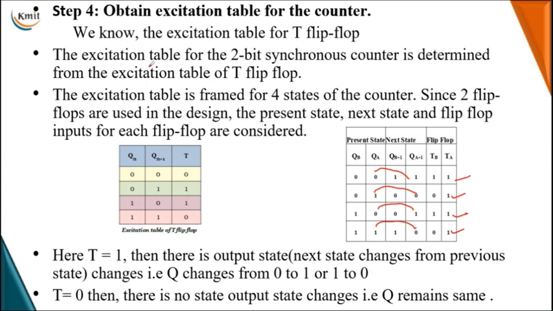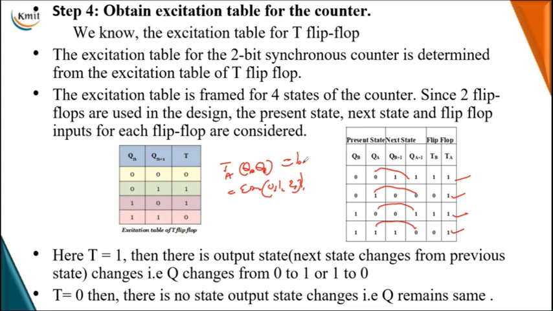Now let me write your standard SOP function in terms of the present state. TA as a function of QA, QB is equal to sigma m of 0, 1, 2, 3. Here all the minterms are logical ones. If I draw the minterms, they form a square and give the logical output function.